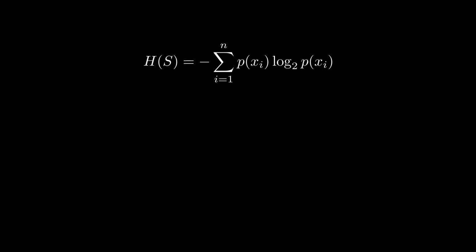Notice that by definition, probability is less than or equal to 1. The logarithm of such a value is always negative, which is why a minus sign is added in front of the entire formula. Finally, these values are summed across all categories indexed by i.